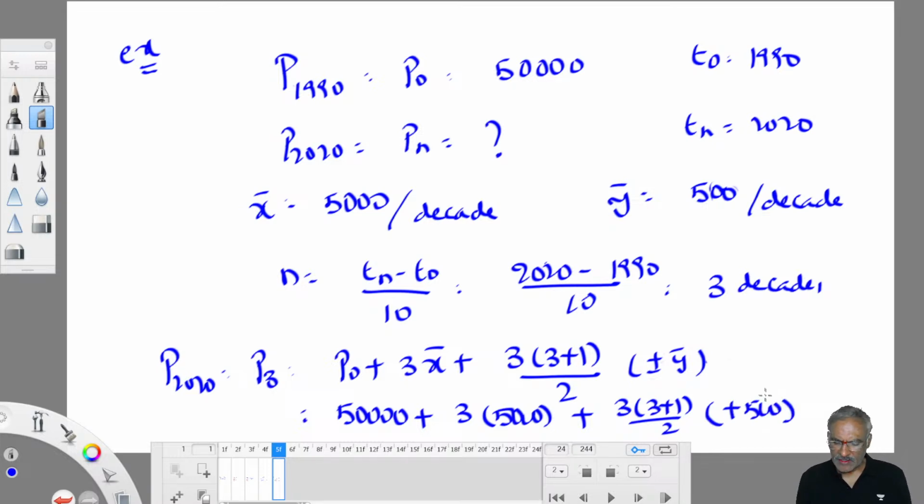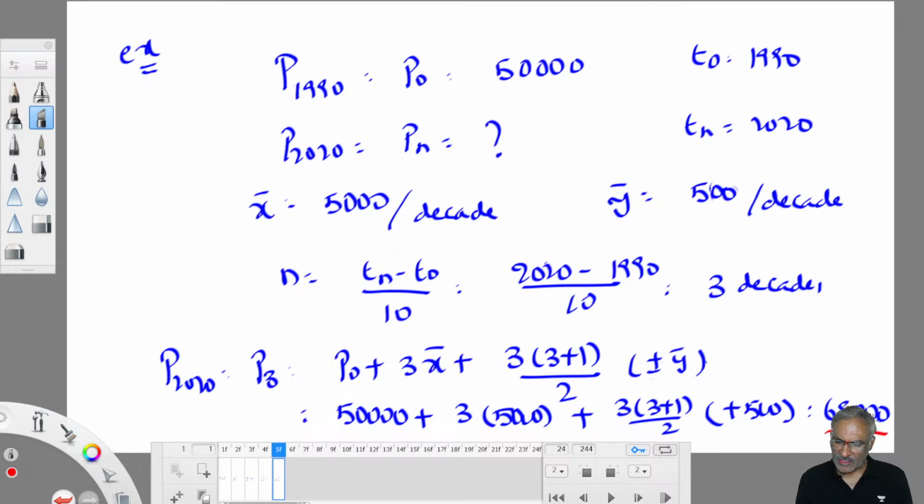Let us simplify. 5,000 into 3 is 15,000, so 50,000 plus 15,000 is 65,000. Then 3 into 3 plus 1 by 2: 4 by 2 means 2, and 6 into 500 is 3,000. So 3,000 plus 15,000 is 18,000, and the answer is 68,000. That was the answer for this question.